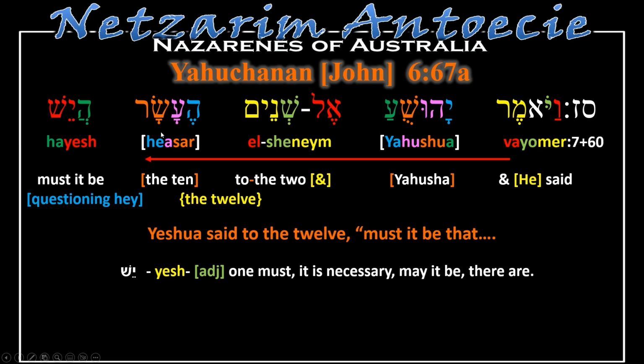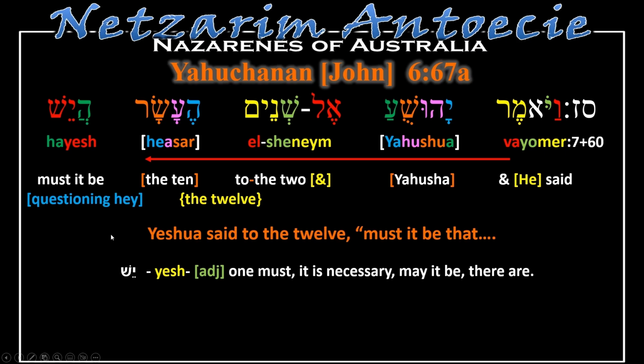He-asar, the 10. So to the 2 and the 10, which means the 12, meaning the disciples. Ha-yesh, must it be? A questioning hey.